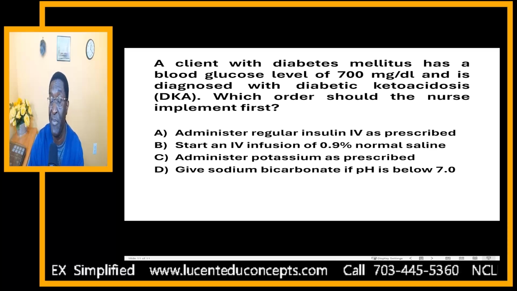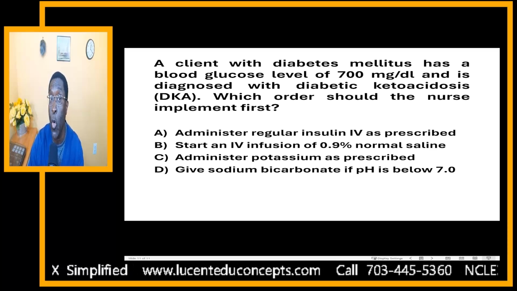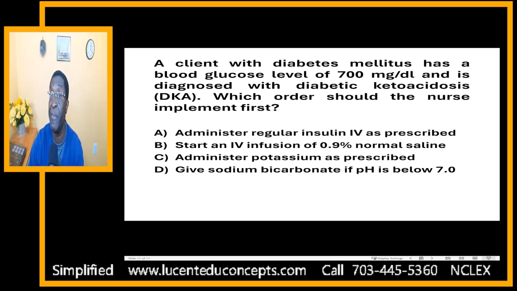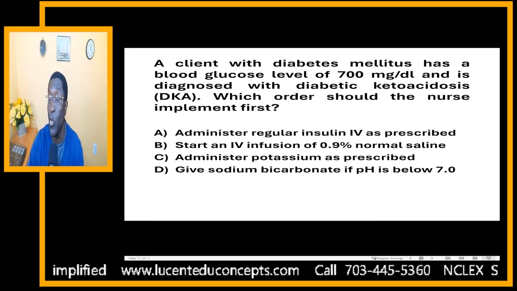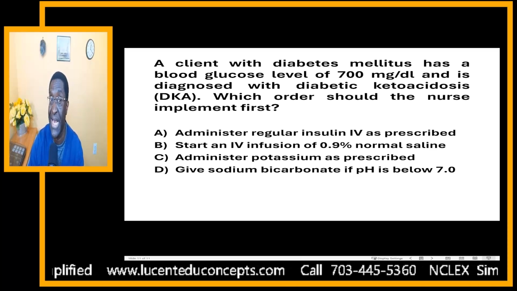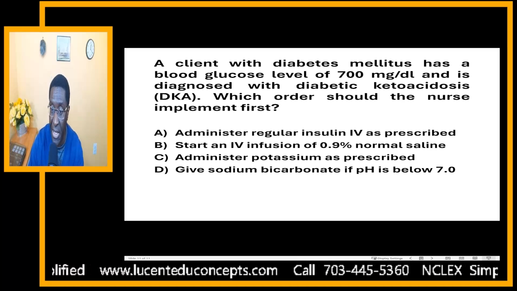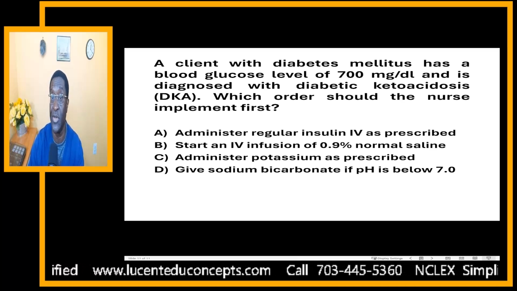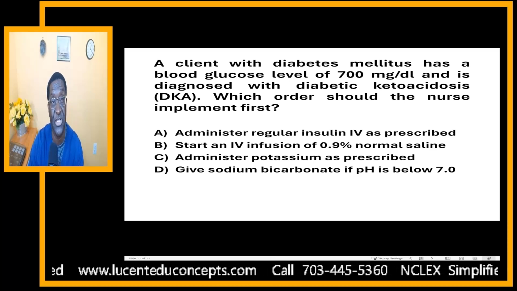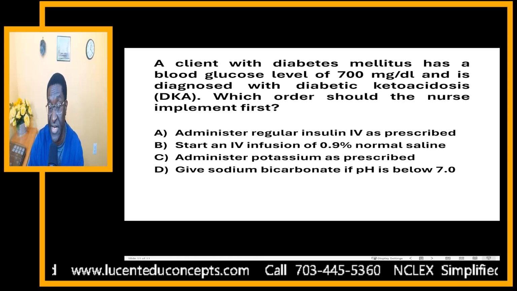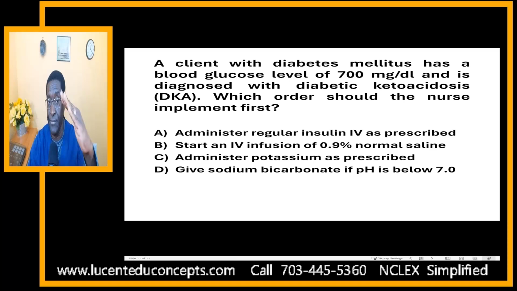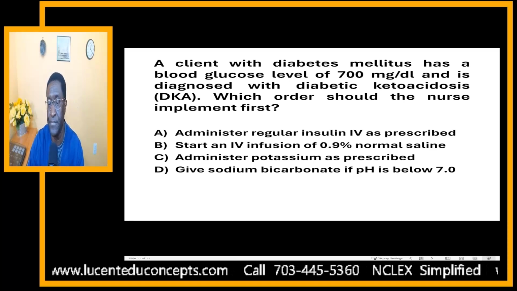Insulin is going to open the cells, and now the hyperkalemic potassium will begin to enter the cell. So then we're going to put the patient at risk for hypokalemia. Then your third priority is administer potassium as prescribed. A lot of the time it is PRN because we are observing what the potassium levels are.